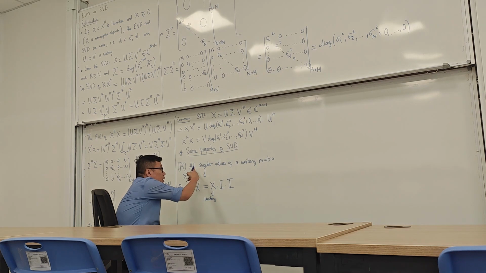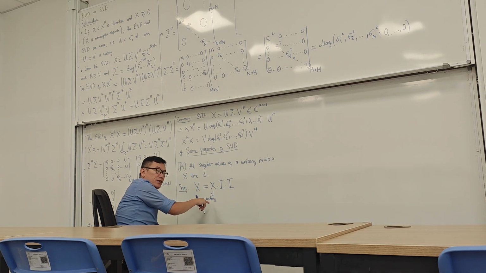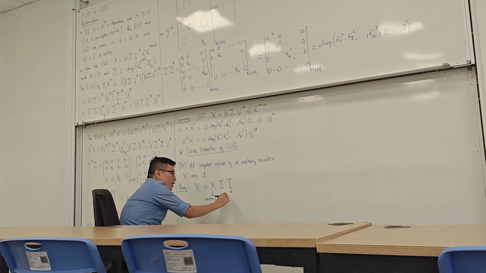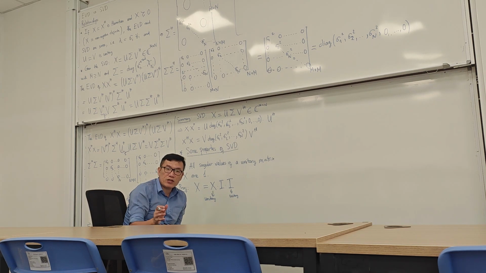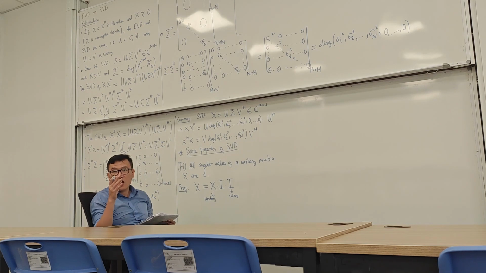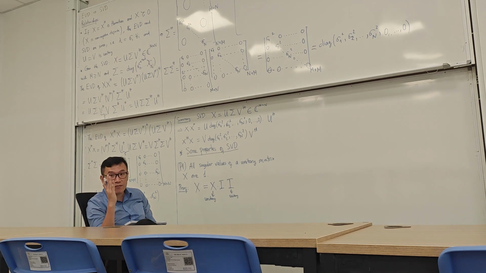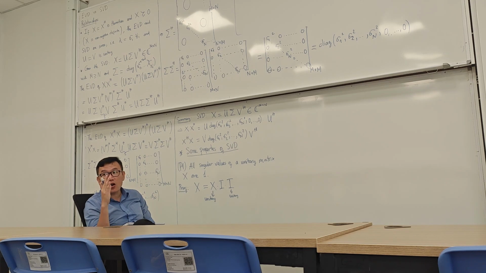This is unitary because the assumption here is X is a unitary matrix. The identity matrix is also unitary. Do you remember what a unitary matrix is? It means that all the column vectors are orthogonal.